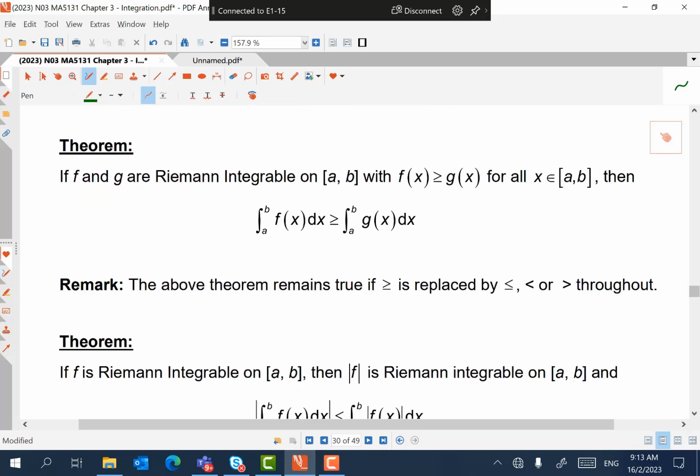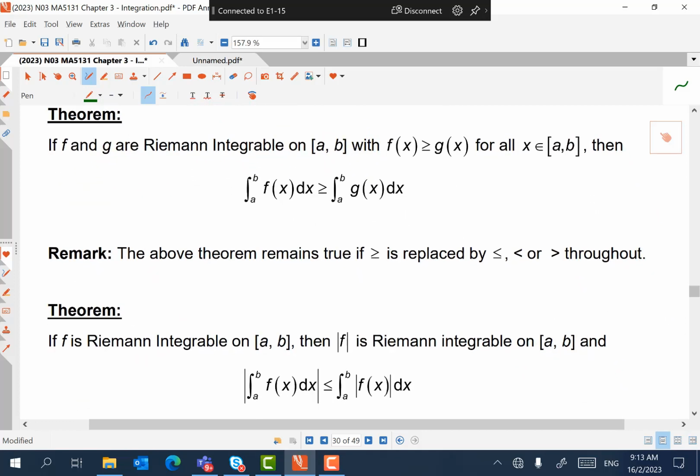Okay, then there are other theorems that are quite self-explanatory. So there's something nice, no?